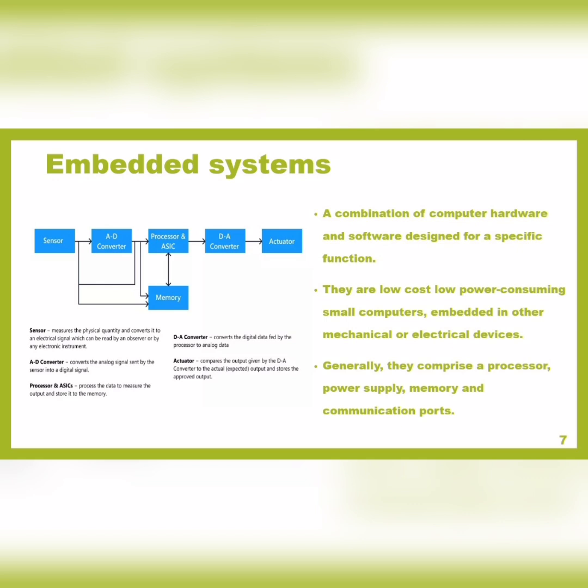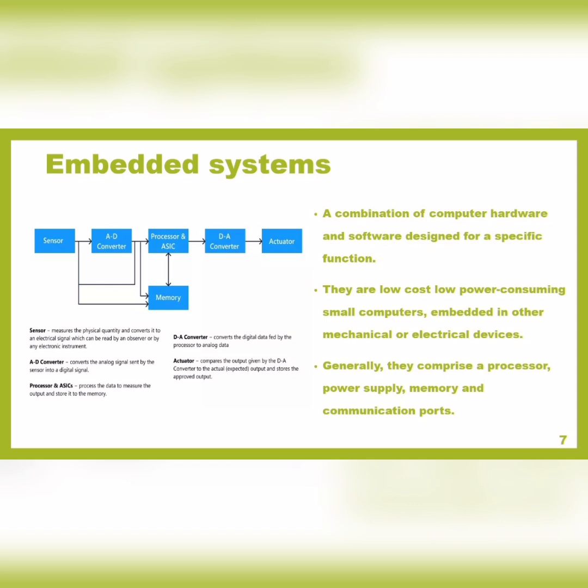It contains sensor, A to D converter, processor and ASICs, application-specific integrated circuits, D to A converters, actuators and memory. Sensor measures the physical quantity and converts it to an electrical signal which can be read by an observer or by any electronic instrument.